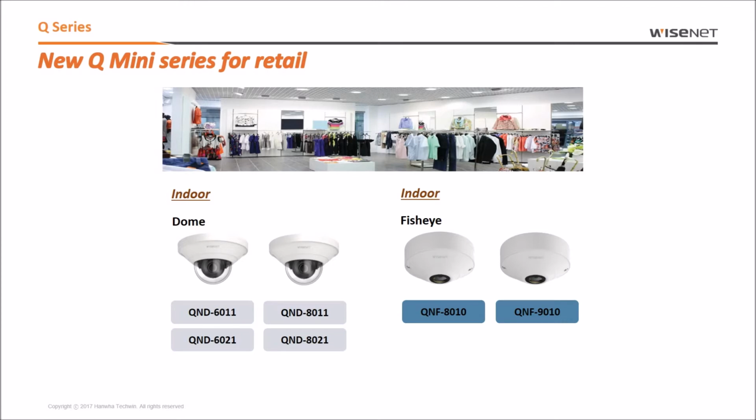For dome cameras, we have a 2 megapixel resolution, with model names starting with 6, and a 5 megapixel resolution, with model names starting with 8. And for the fisheye type, we have 4 megapixel for QNF 8010 and 9 megapixel for 9010. So let's have a look at the specifications.